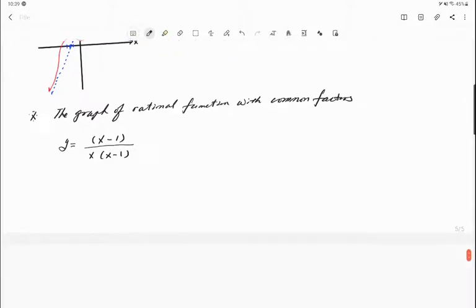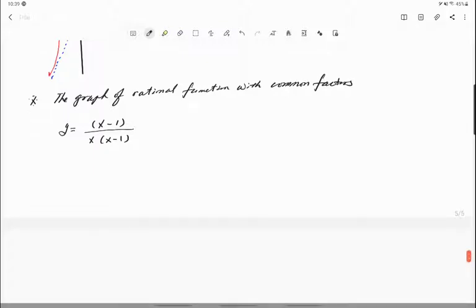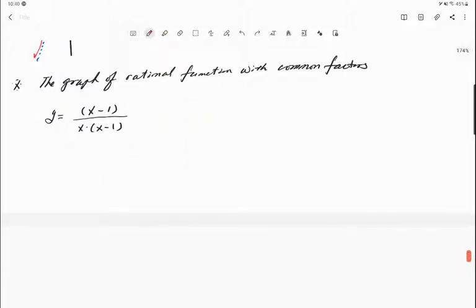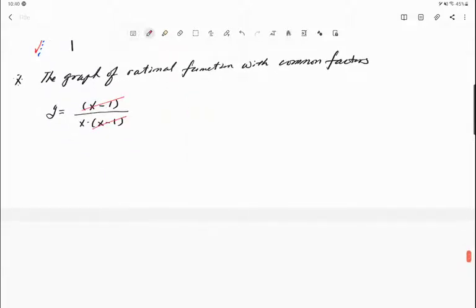Okay, next one is an example of graph of rational functions with common factors. So let's say in this case the numerator is x minus 1, denominator is x minus 1. So when we factor the numerator and denominator, we can cancel out the common factor, right? But before we cancel out the common factor, what's the restriction? The denominator cannot be equal to 0, right?